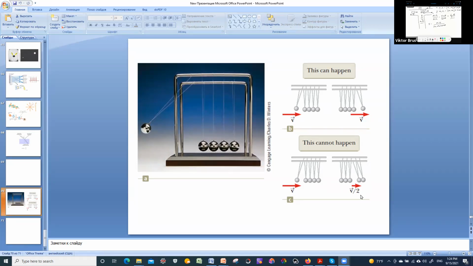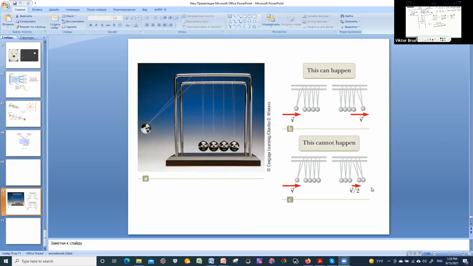So if, for instance, we consider this scenario, we get m times v squared divided by 2 as the initial kinetic energy. And then, with two masses, it will be 2 times m, times the twice smaller velocity, which is v divided by 2, squared.